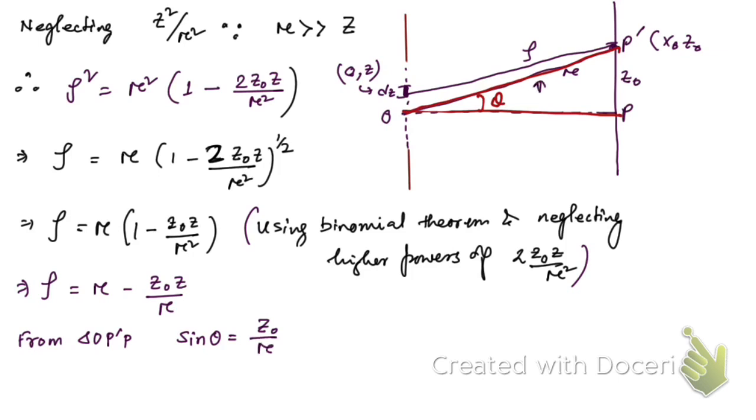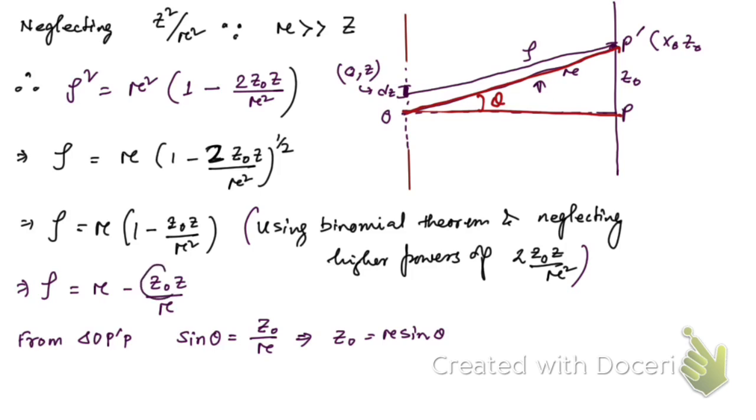That's what we can write. So it implies z naught is equal to r sine theta, right?